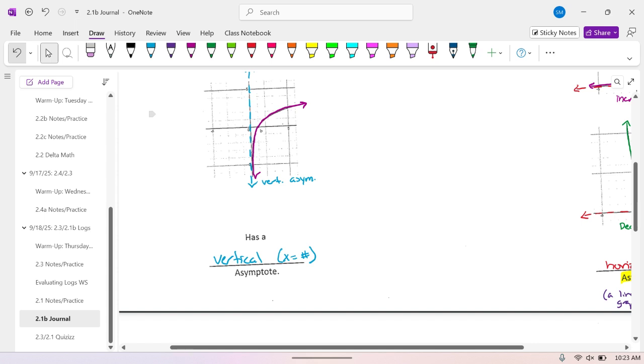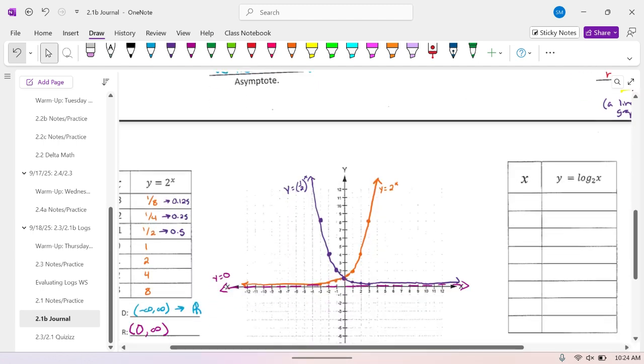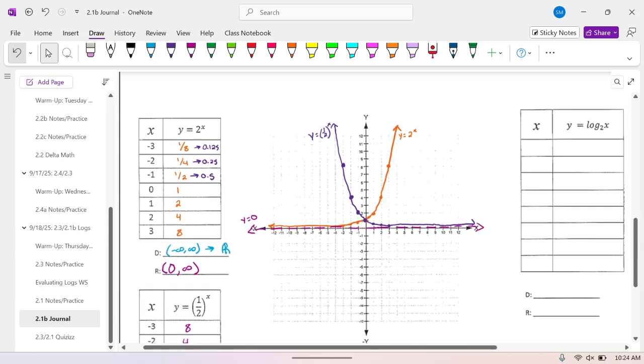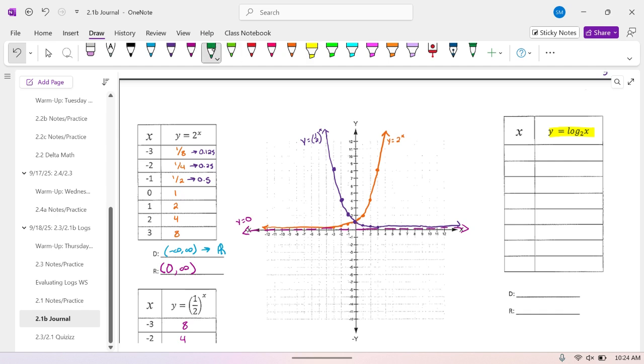Now, let's fill in our table very quickly. It's basically all the stuff we just discussed. Log base 2 of x is the inverse of 2 to the x. So we technically already have our table filled out. We just have to switch the x and the y values.